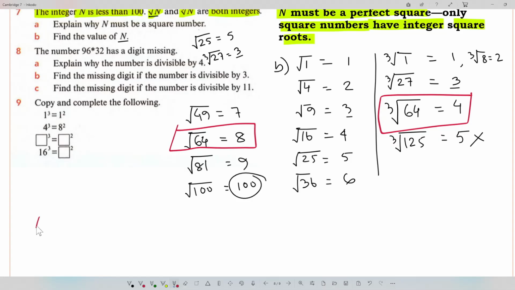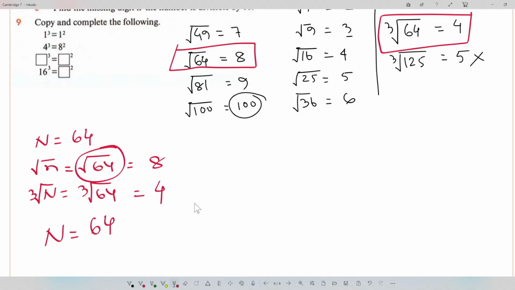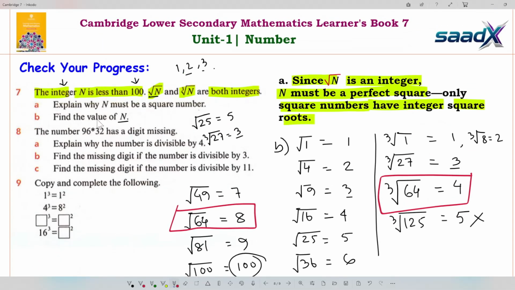So n equals 64, because root n means root 64, which is 8, right? And the cubic root of n, the cubic root of 64, is also 4. So n equals 64 is our correct answer. So the value of n is 64.